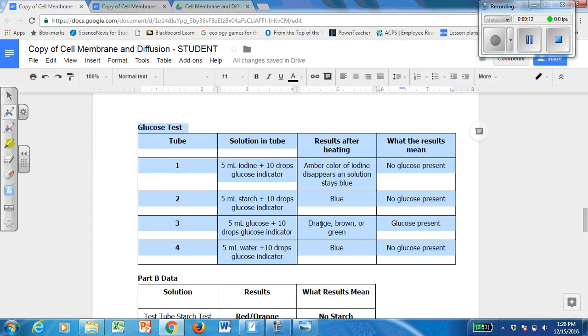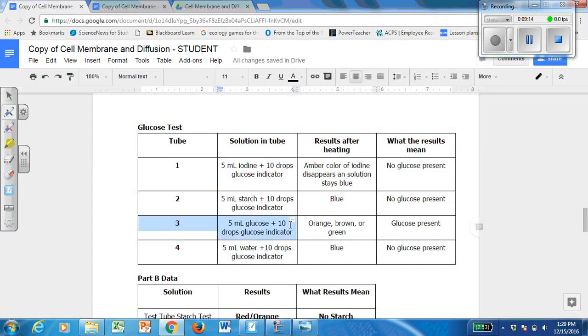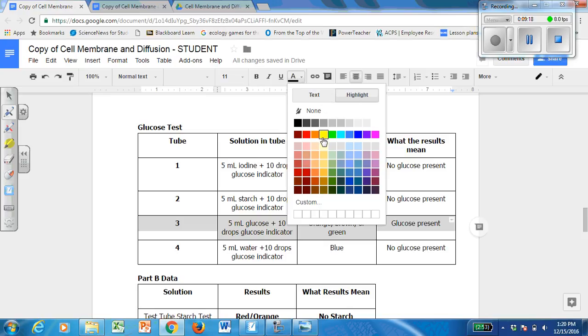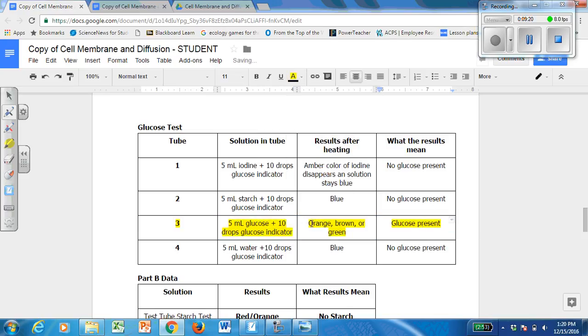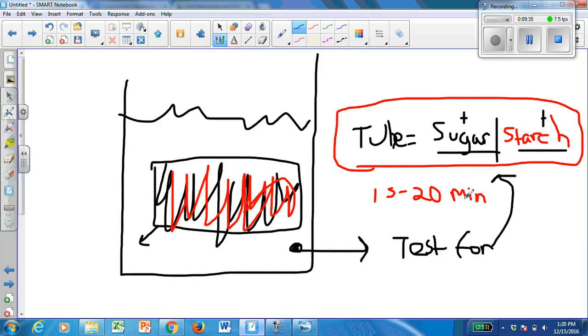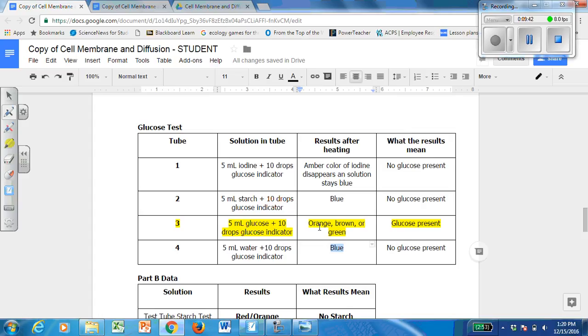So if you are doing a glucose test and you wanted to see if glucose was present, you would be looking for an orange or brown color in the test tube. If not, then it means no glucose is present. Pretty much blue, blue, and even clear. So again, if you wanted a positive glucose test, then you're looking for a solution that's orange or brown.